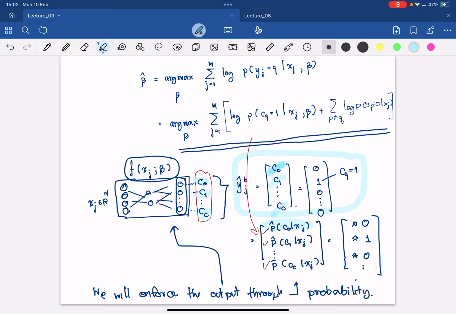And with this probability, we can use it to compute the probability in our loss function.